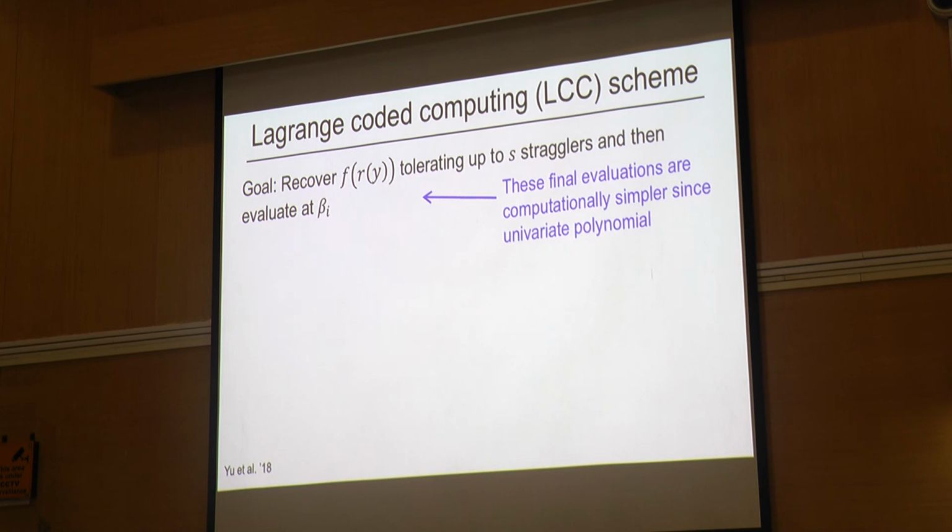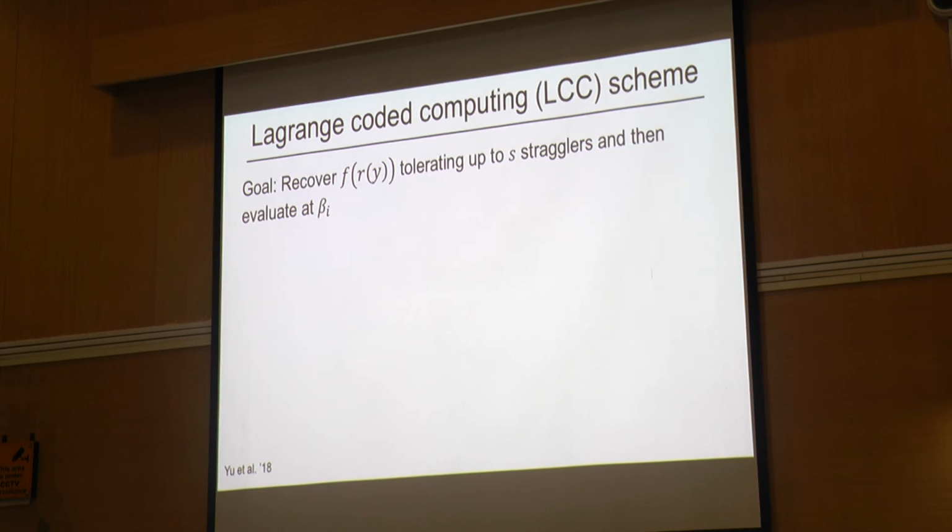Then the problem is converted into a simpler task for the master: these evaluations of univariate polynomials are simpler, right? So now we want to recover f of r of y. Is that clear? That is the goal.